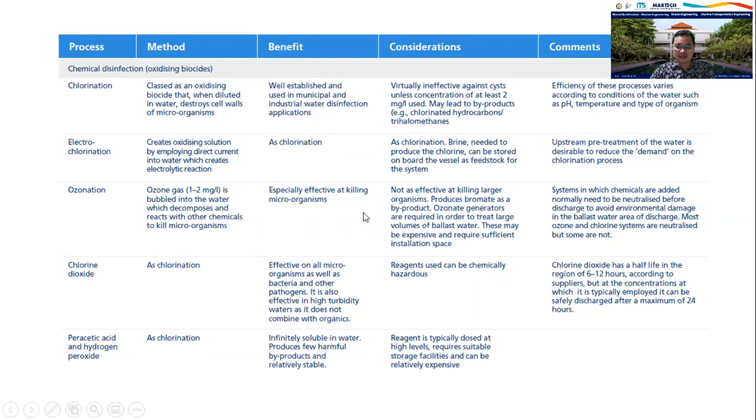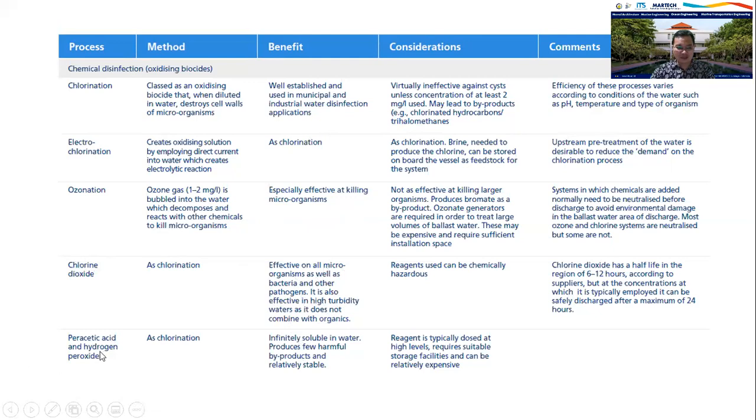And this one, ozonization, is especially effective at killing organisms. And there is chlorine dioxide, effective on all microorganisms as well as bacteria and other pathogens. It is also effective in high-turbidity water as it does not combine with organisms.